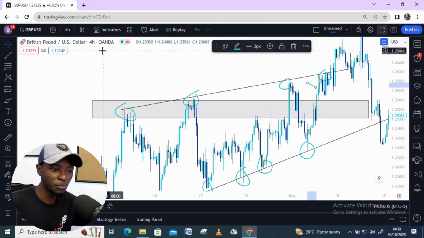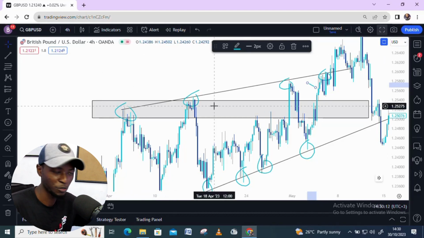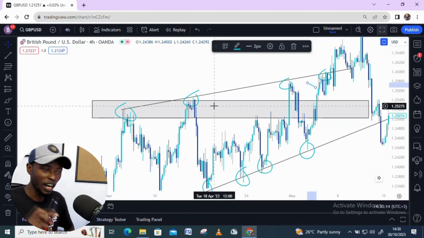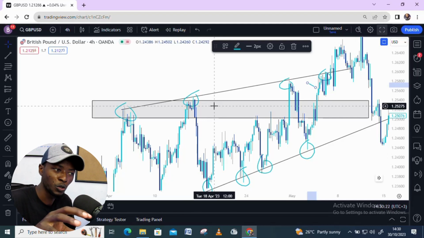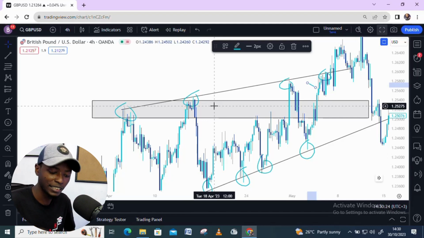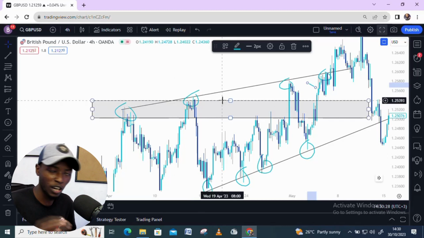To distinguish between a strong and weak support and resistance zone, it is very simple, as we have already covered. The number of touches on a zone qualifies it to be strong or weak. For a strong resistance, price has to touch 3 or more times.